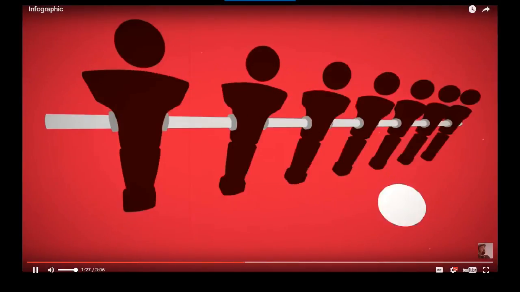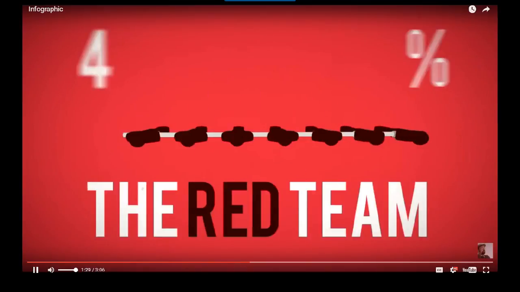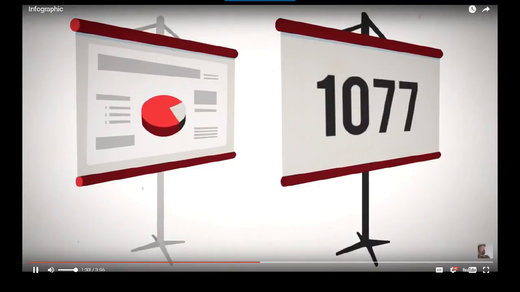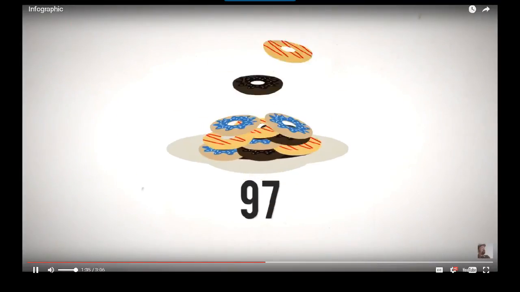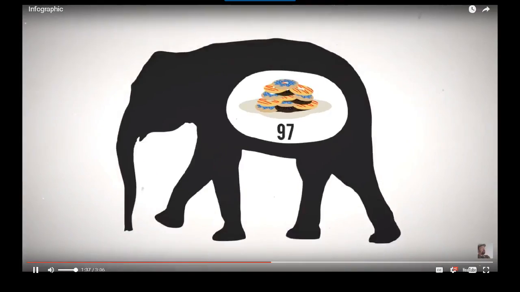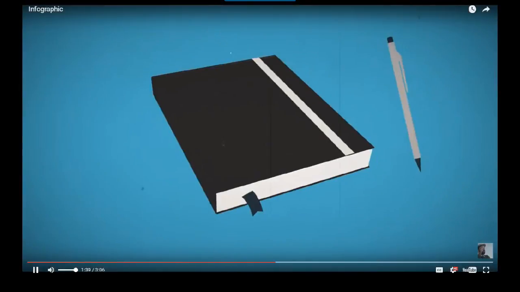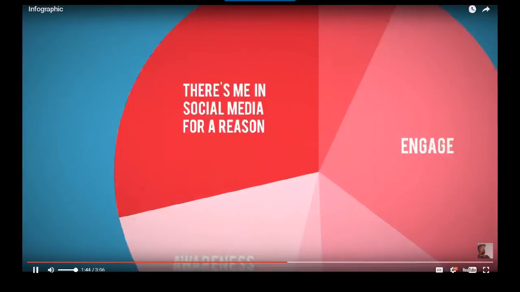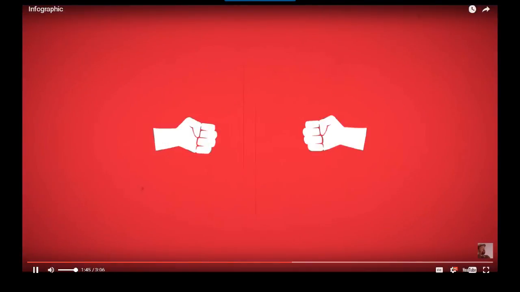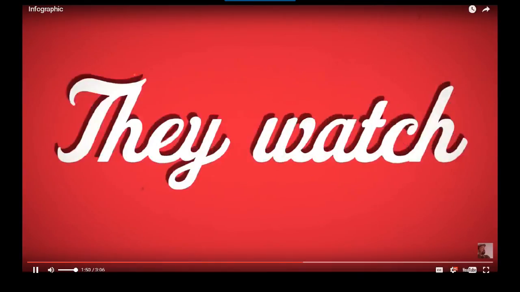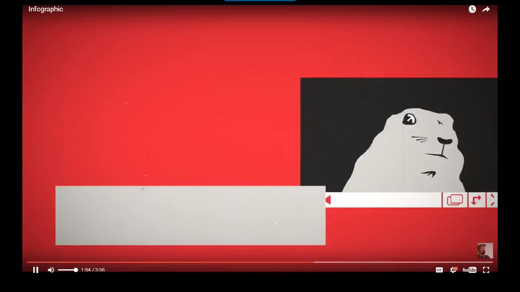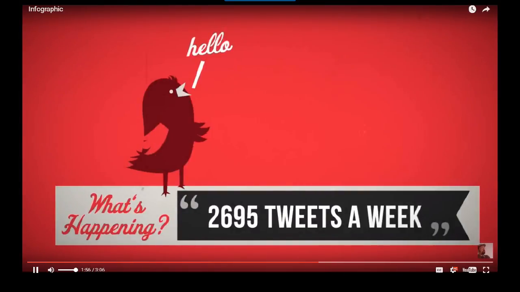126 games of table football are played. The red team wins 56% of the games. 1,077 meetings are held daily, where 97 biscuits are eaten. In a year, that equates to an elephant's daily diet. The following will be uttered in 83% of these meetings. Yes, social media. DARE folk have, on average, 355 Facebook friends. They watch 5,285 YouTube videos in a week. 92% are on Twitter.